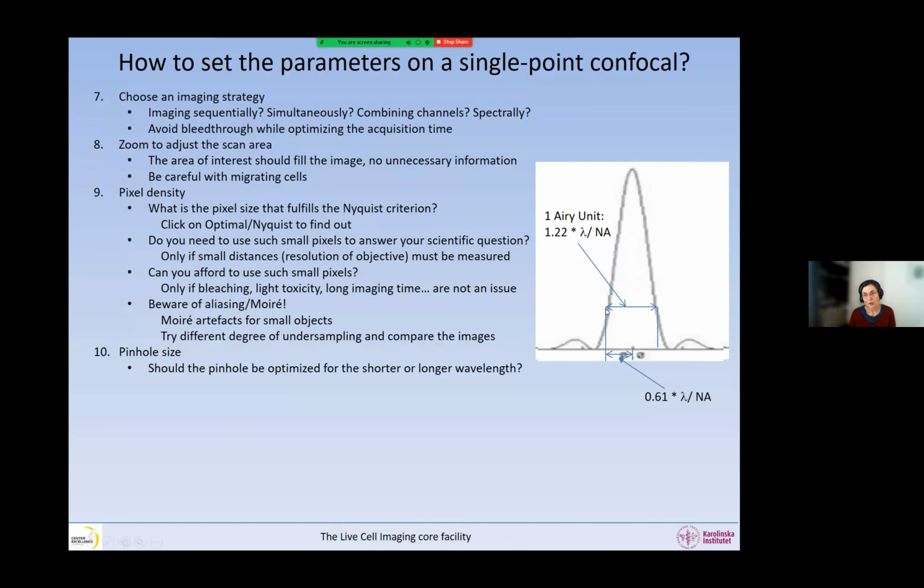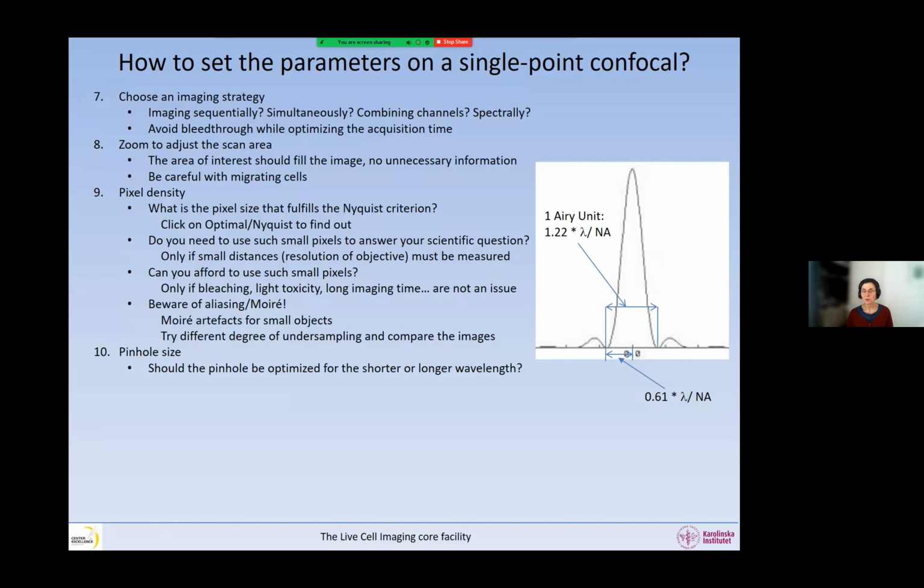And therefore, if I close my pinhole optimally for the blue, I'm going to chop off some of the far red signal, okay? And we have only one pinhole for everything. So if I set the pinhole to be optimal for the far red, then I'm going to include some of the lobes of the blue, and therefore I will not have the same contrast in my blue image.